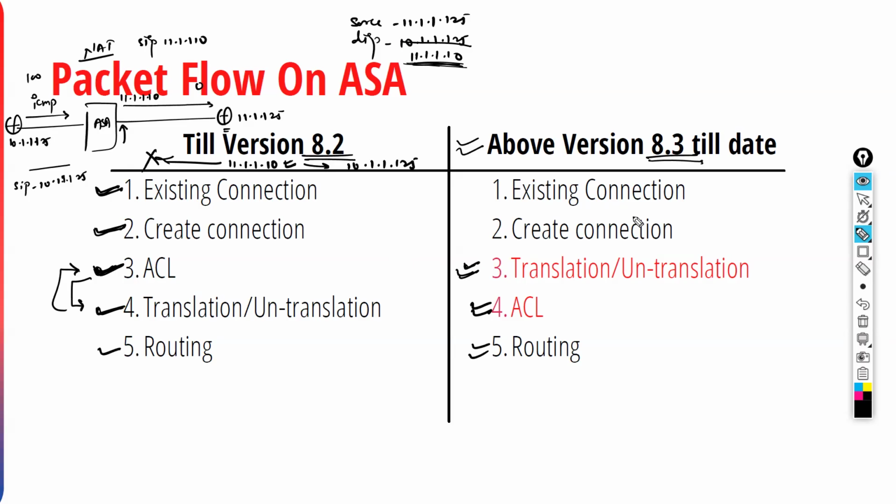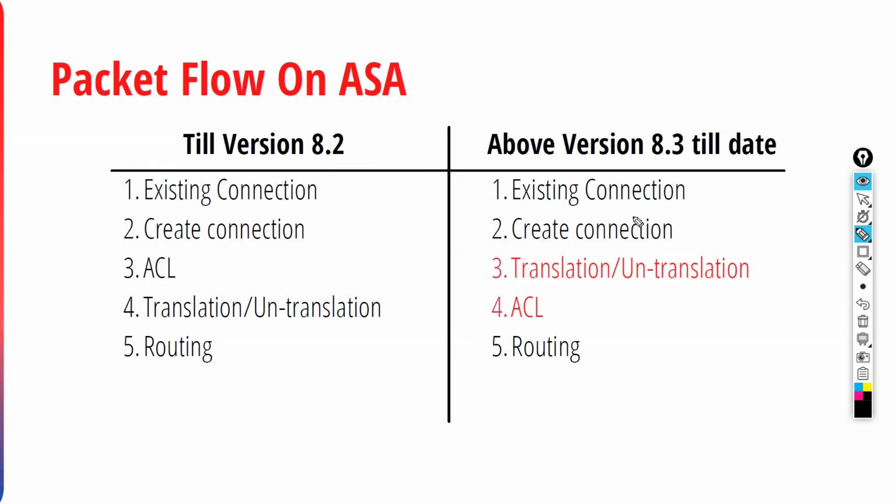All right, great. So right now, the packet flow we are using is this one, and currently we are going with the 9.2 version. This is how your ASA makes the forwarding decision. First of all, it will check the existing connection, that means the connection table.